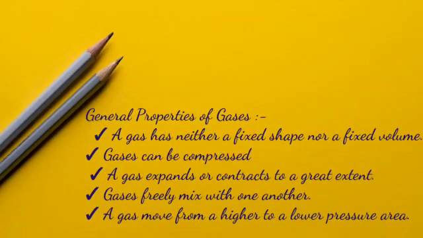Lastly, we discussed the general properties of gases. So what are the properties of gases? A gas has neither a fixed shape nor a fixed volume. It assumes the volume and shape of the container. Next, gases can be compressed to a much larger extent than solids and liquids because the molecules of gases are very far apart from each other.